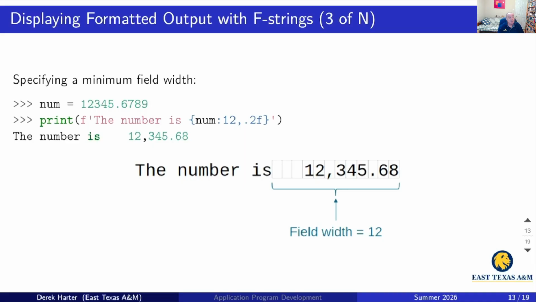So here when we say 12, there's going to be 12 characters that whatever this number ends up being is printed in. Right. So in this case, 2 of the characters will be for after the decimal place, 1 of the characters in the field width has the decimal point. So that leaves 9 to display the digits.